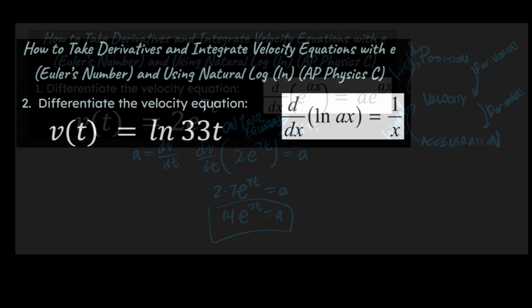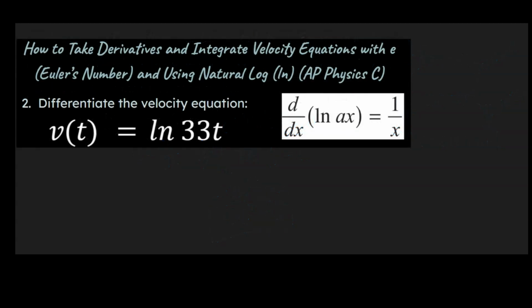So this problem again asks us to differentiate, to take the derivative of this velocity equation here. So what do we end up with? We could go ahead and start out by writing this. This is probably never a bad idea. I know that we're all under time pressure for the AP Physics C test, but sometimes you'll get a point if you just make it very clear to your grader that you know that the derivative of a velocity equation or function is an acceleration equation.